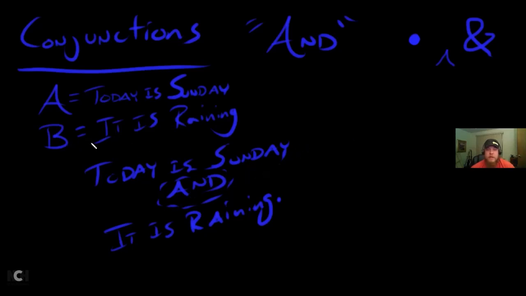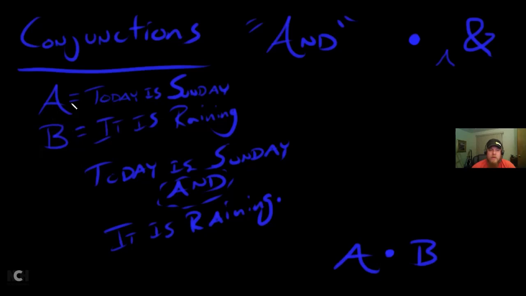"Today is Sunday and it's raining," based on this, is A dot B. That's it. However, instead of the word "and" here, there are some other words I could use, and it would still be represented formally the same way. So A dot B in this instance stands for, because of the glossary that I gave, A is "today is Sunday" and B is "it's raining."